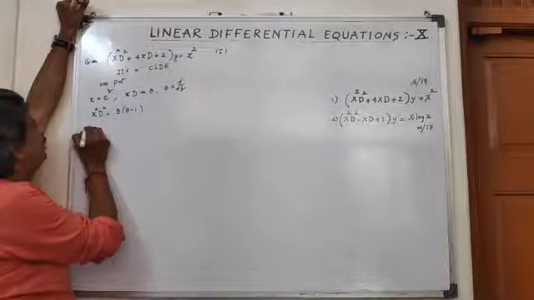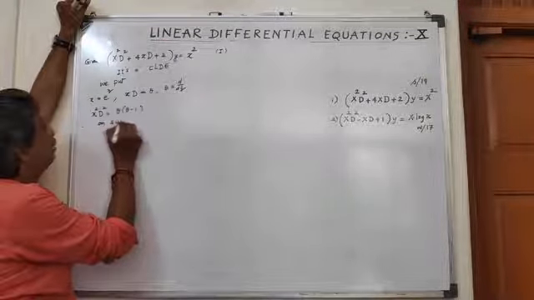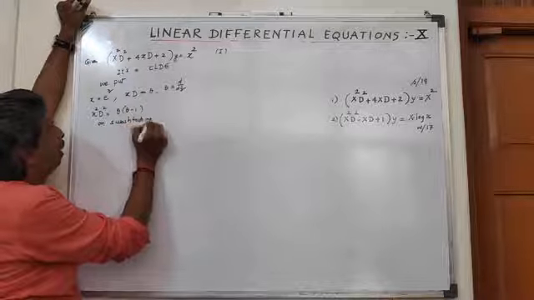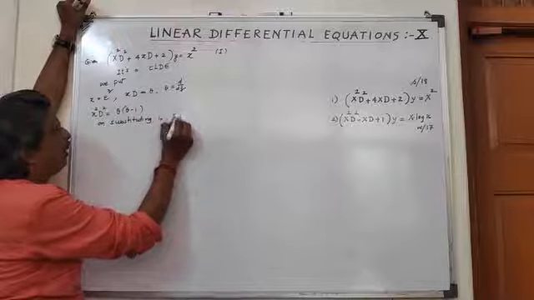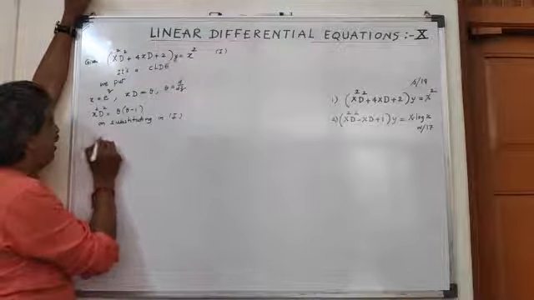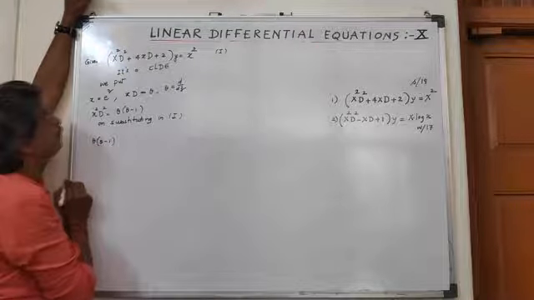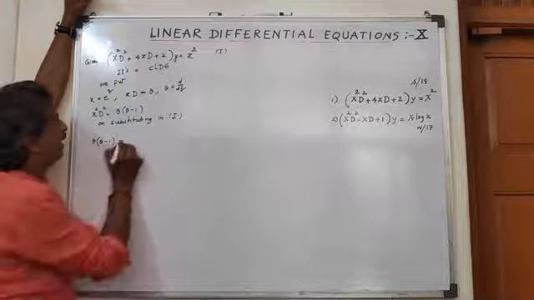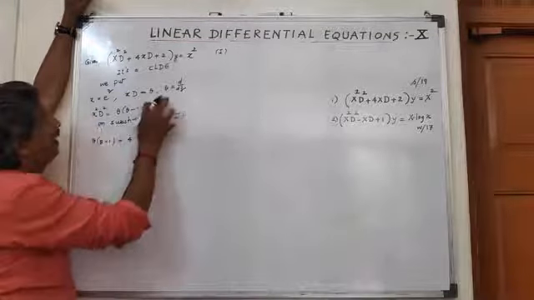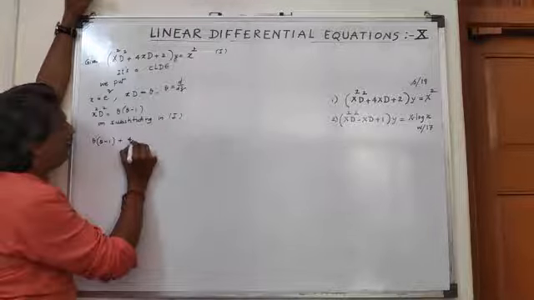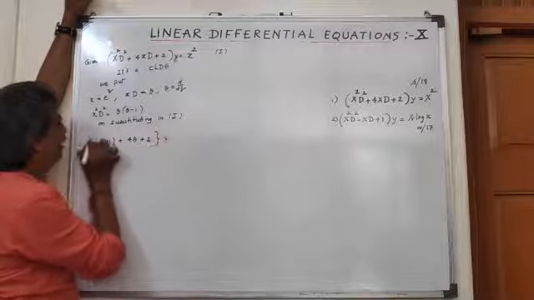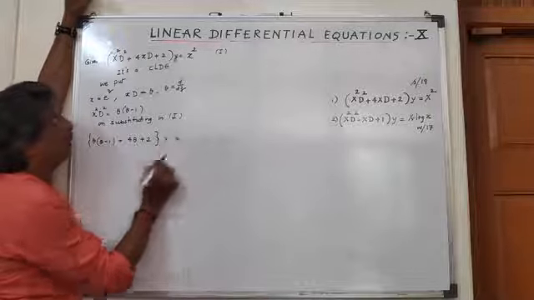So on substituting these in 1, x square d square is theta into theta minus 1, plus 4 times xd, which is simply theta, plus 2, operating on y equal to x square.